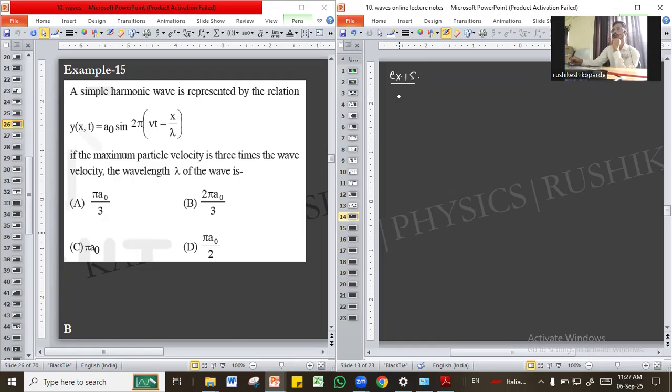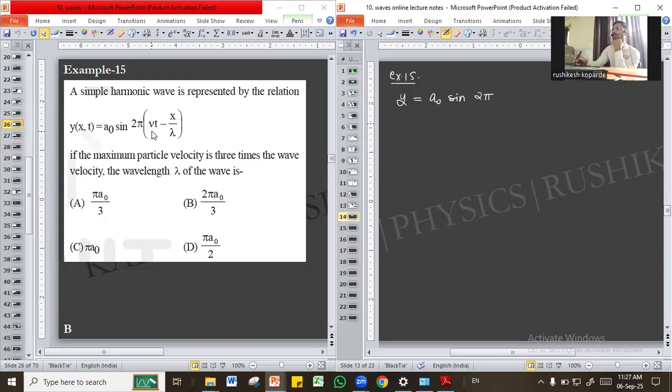A simple harmonic wave is represented by y as a function of position and time. A naught sine. Step 1 is multiplying whatever is outside to the inside quantities so that you can get complete coefficients. This symbol is not V, this symbol is nu.